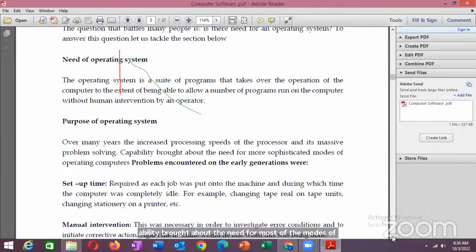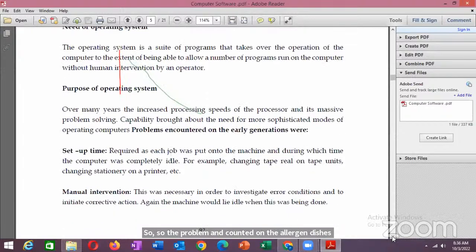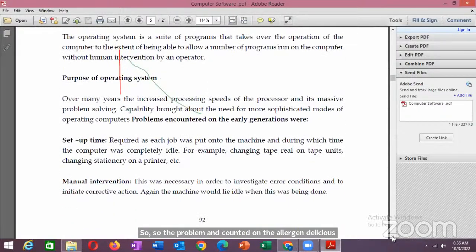The problems encountered on the early generations were, first, setup time, required as each job was put onto the machine, during which time the computer was completely idle. For example, changing tape reels on tape units, changing stationery on a printer, etc.